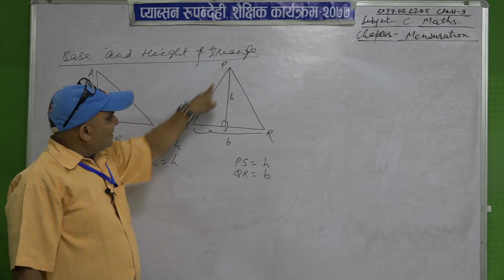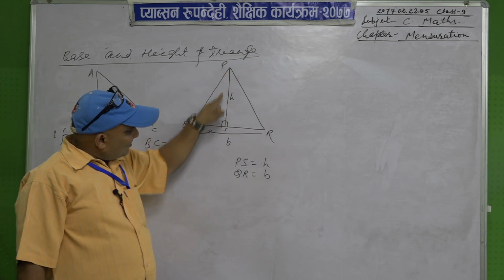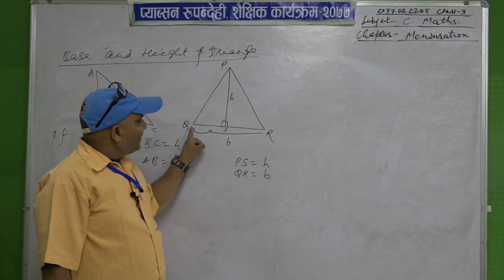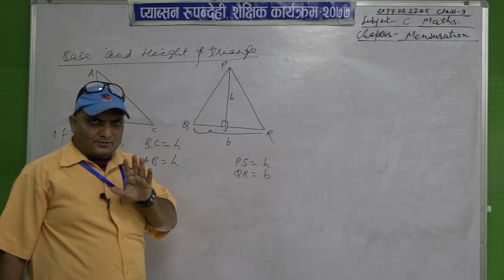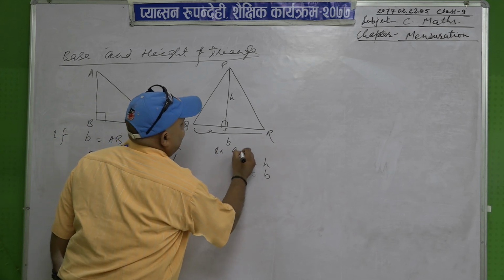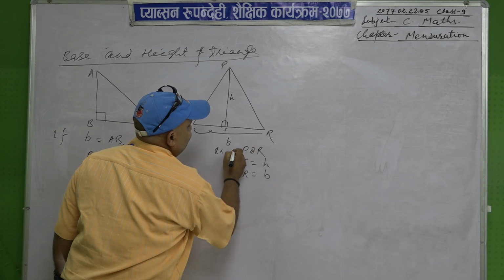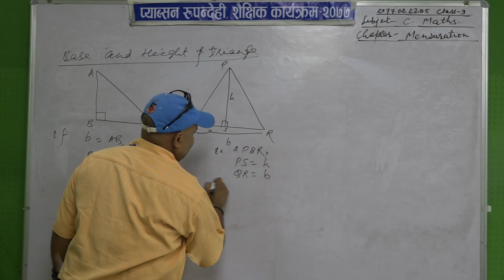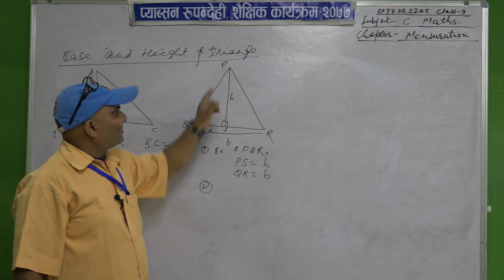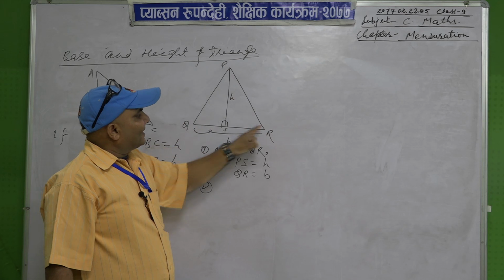So in this triangle PQR, PS is the height of the triangle, QR is the base of the triangle. And also here in triangle PQR, in the same figure we have another two triangles also, triangle PQS and triangle PRS.